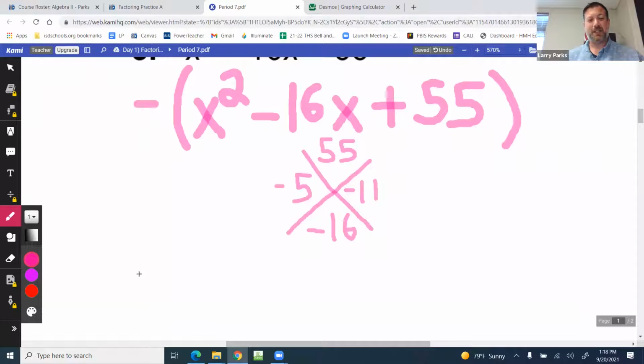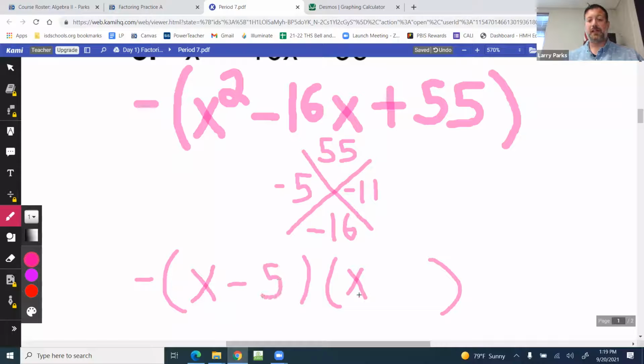So I pull down my negative. And because this is x squared, it is not always x. Sometimes we use y, sometimes we use a's. We're going to break that into 2 x's. And we're going to pull down our 2 special numbers, which were -5 and negative 11.